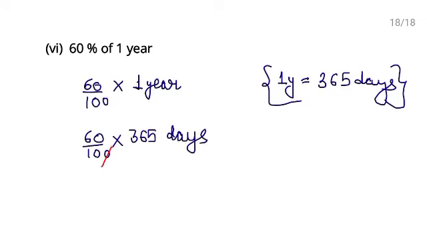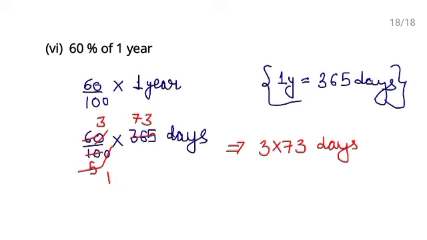Now solve it. 0 to 0 cancel out. 2 3s are 6, 2 5s are 10. Now by 5, 5 1s are 5, 5 7s are 35, 5 3s are 15. Clear? What do you have now? 3 multiply 73 days, and in denominator you just have 1, so no need to write it. 3 3s are 9, 3 7s are 21, so 219 days.